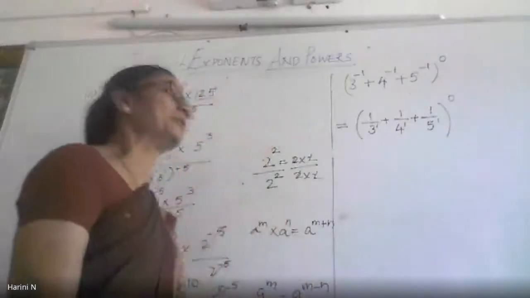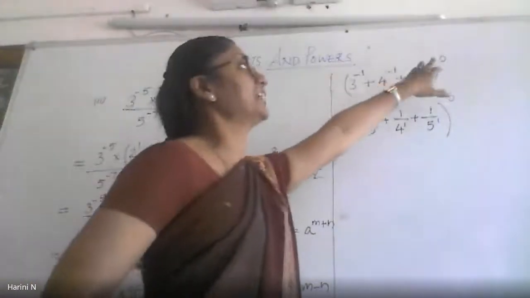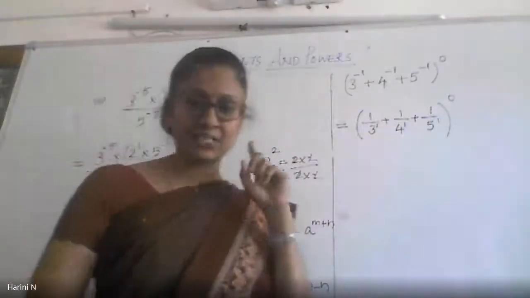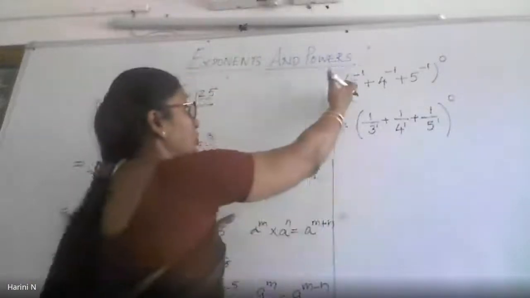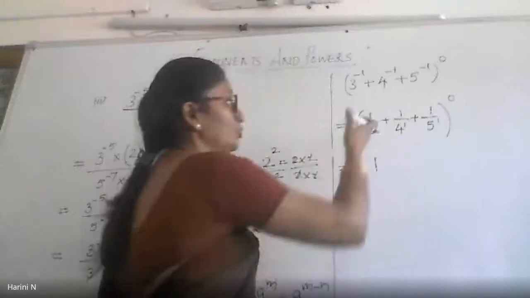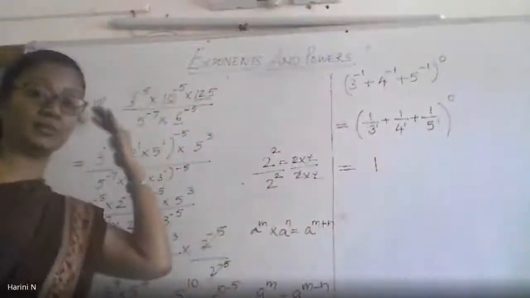See, you don't even have to go to this step. When you see something raised to the power 0, already by law it is given: any base raised to the power 0 will always become 1. So there is no need to even go to this step. You can simply say this is equal to 1. You don't have to cross multiply the fractions, find the LCM and then do the power.